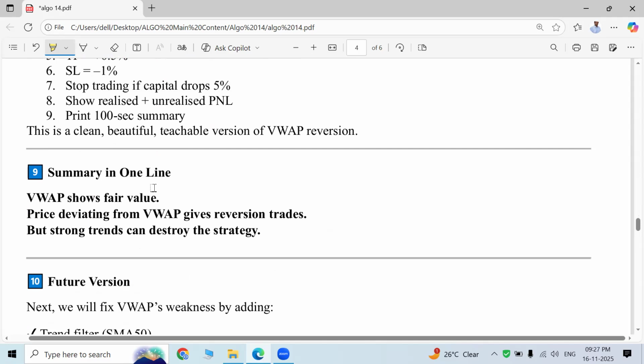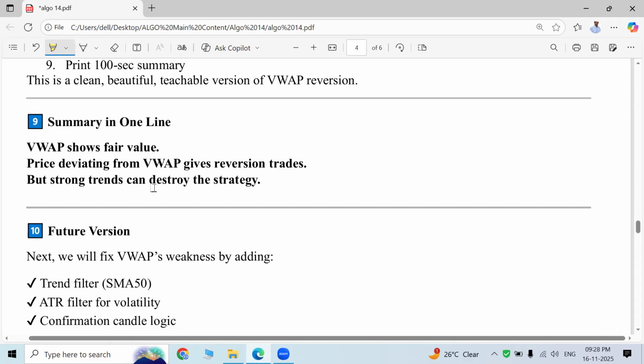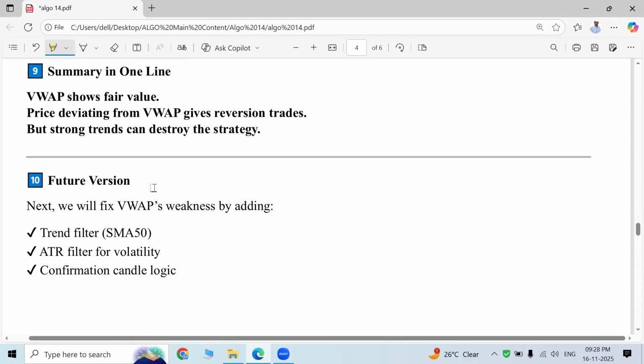So the summary is a fair value calculation. If the price deviates from VWAP, we are going to take a trade, but this strategy does not work if there is a strong trend on the upside or downside. In the future, we don't want VWAP to give us a big loss, so we can add a trend filter.